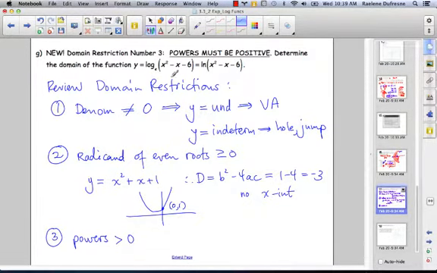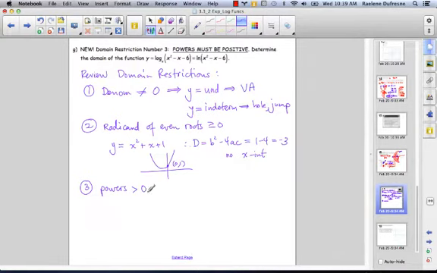So we have the function y equals log base e, where e is approximately 2.718, of x squared minus x minus 6.